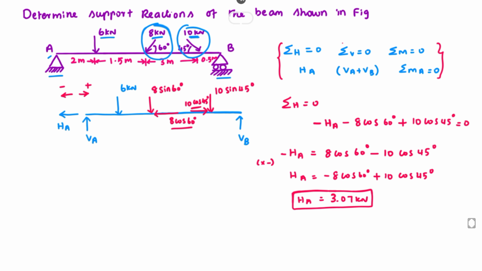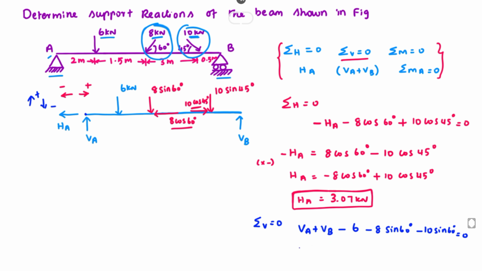Next we find the sum of vertical force equal to 0. Here the upward force will be positive and the downward force will be negative. So upward forces VA plus VB, minus the downward forces: 6 kilonewton, again minus 8 sine 60 degree, again minus 10 sine 45 degree, equal to 0.